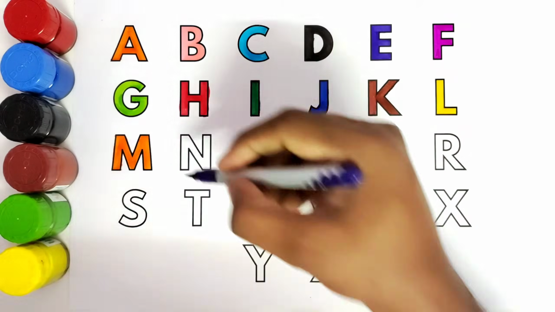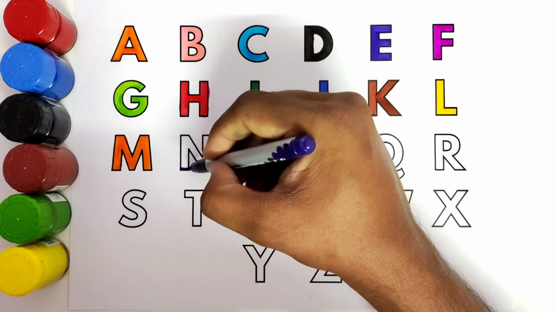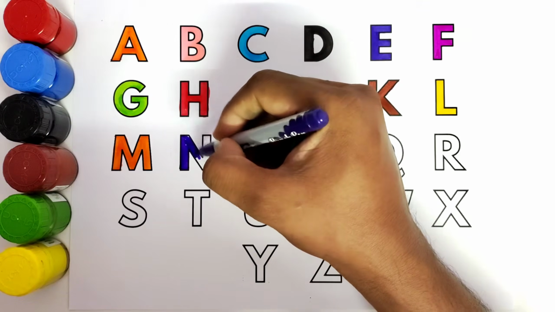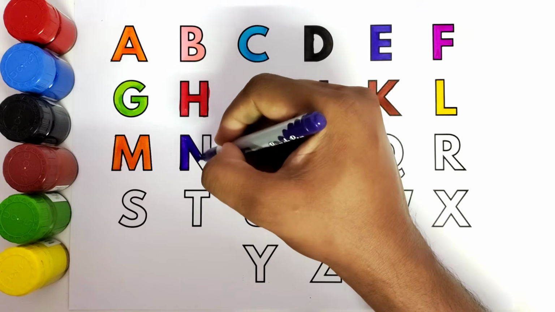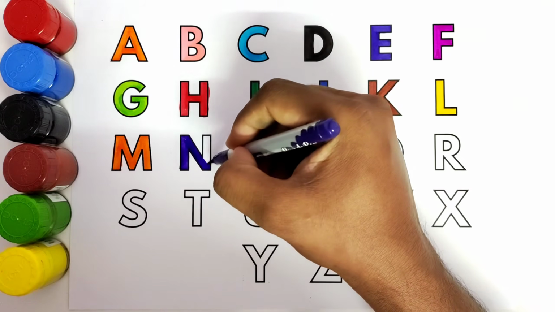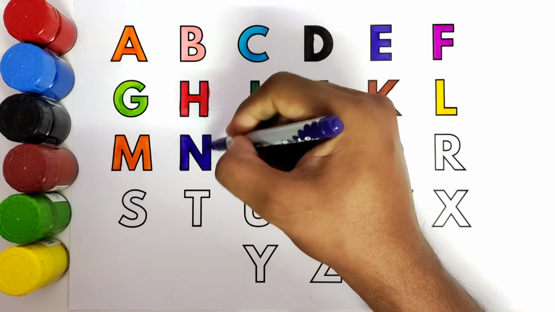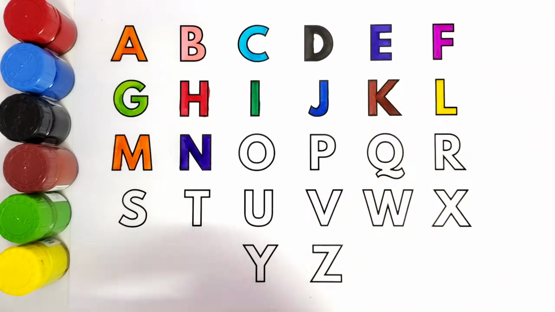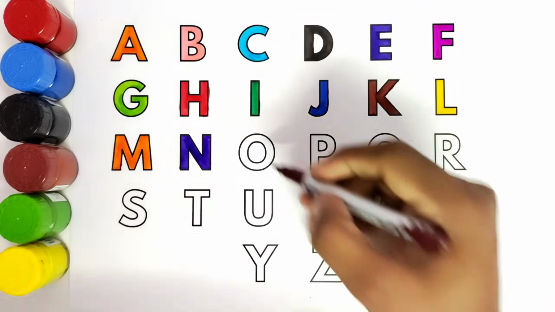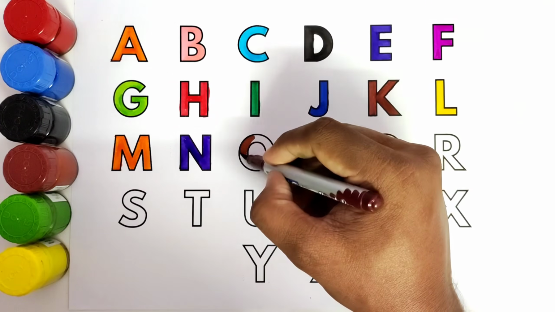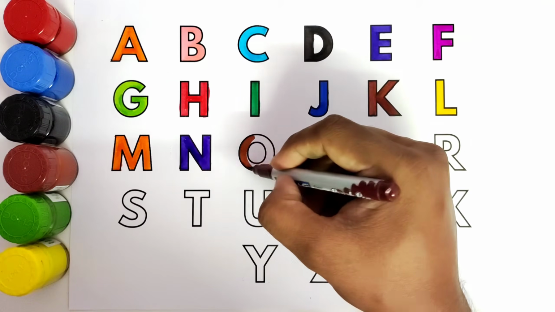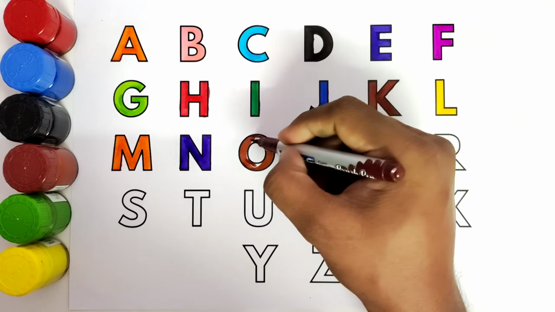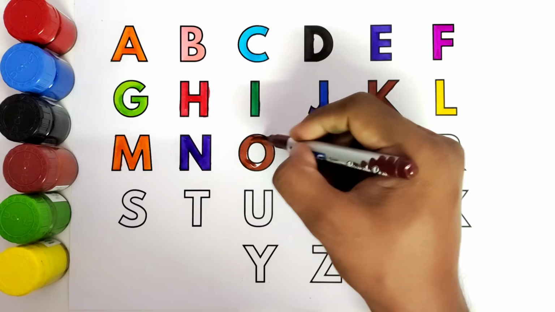N. N for nest. N for nest. O. O for owl. O for owl.